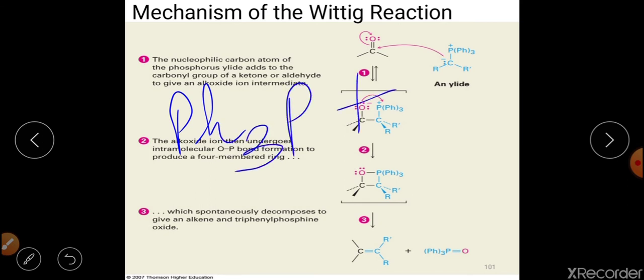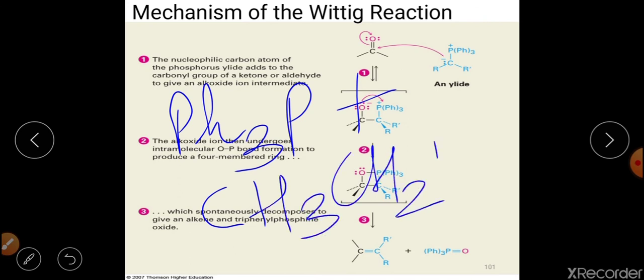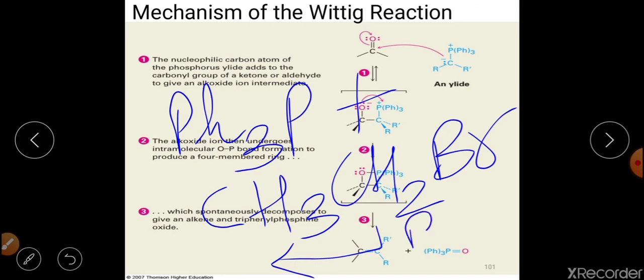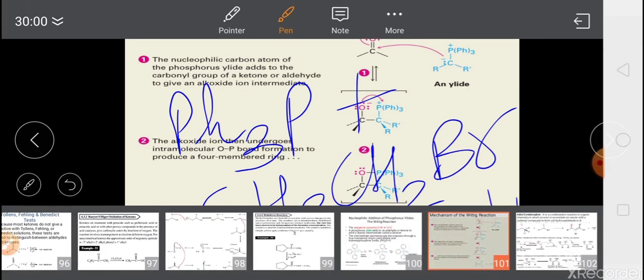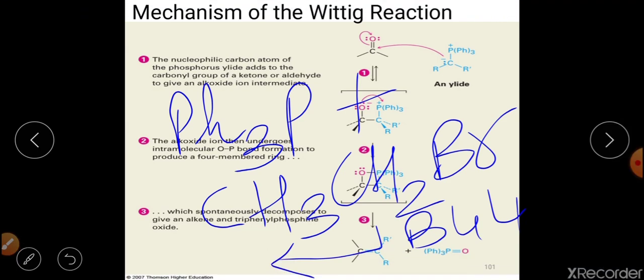When it is allowed to react with CH3CH2Br, this is your alkyl halide, in the presence of butyl lithium, your base, what will happen? You know that first of all there will be a reaction between this triphenyl phosphine and the alkyl halide through the SN2 mechanism. After that, this base will abstract the acidic hydrogen from this one, and after formation of this it will get converted into the ylide.